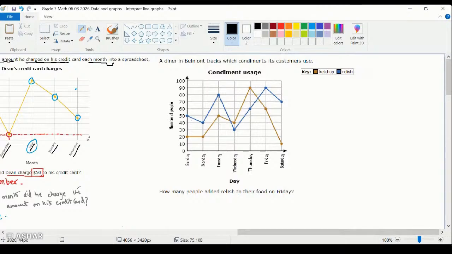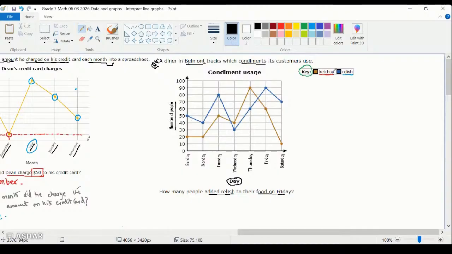Question number 4 says, a diner in Belmont tracks which condiments are being used by the customers. We are given a key. The brown represents ketchup and blue represents the relish, because a key is already given to us. We need to follow the key. In the first part of the question, how many people added relish to their food on Friday? Because the horizontal axis is days and the vertical axis shows us the number of people.